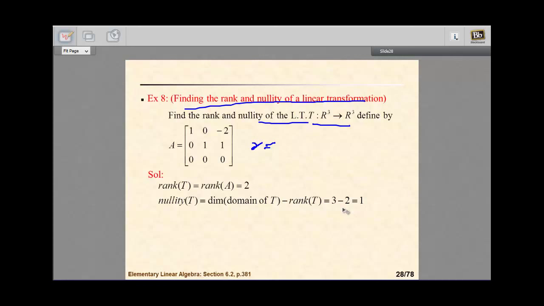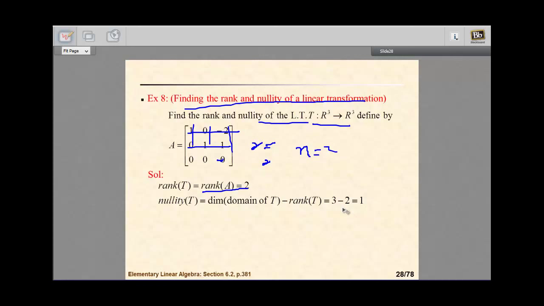Yes, the number of non-zero rows is 2, because this is a non-zero row, this is a non-zero row, and this is a 0 row. So rank will be equal to 2. And what is n? n means the number of columns. 1, 2, 3. So n will be equal to 3.